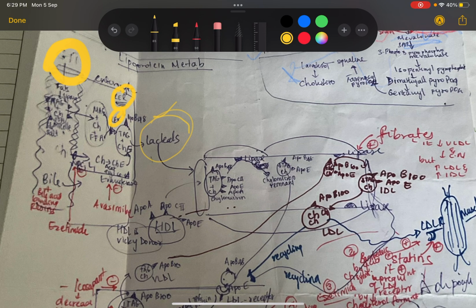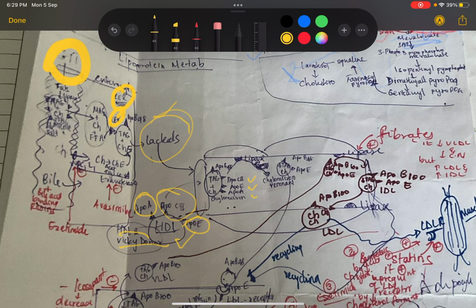Once it's in the vessels, there is ApoB48. It's going to get ApoC2, ApoE, and ApoA from your HDL. So the HDL is kind of a donor, if you want to think about it. He is the wiki donor. He's going to give his ApoC2, his ApoA, his ApoE, and he makes the chylomicron super happy. So HDL is the wiki donor. That's how I remember it.